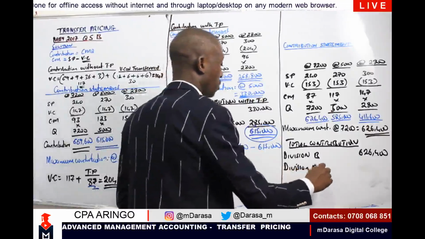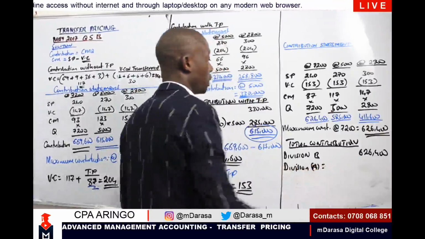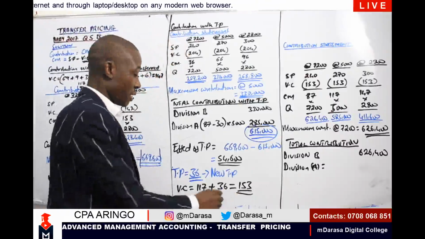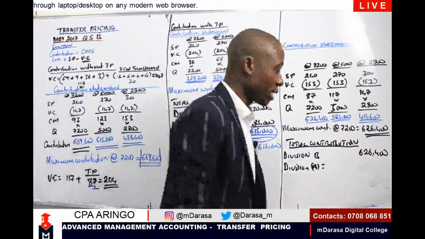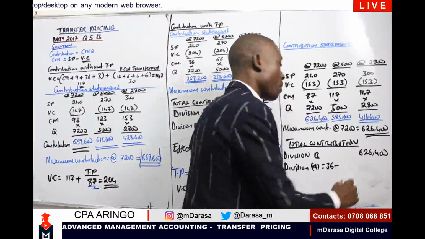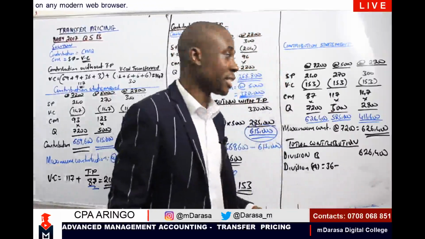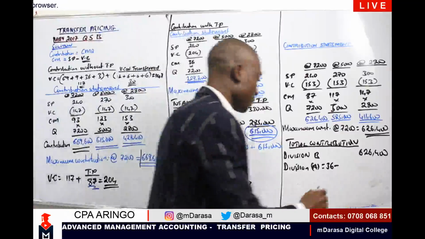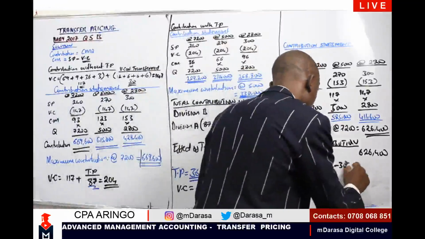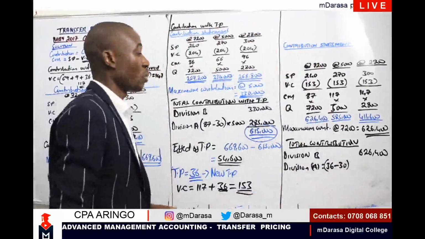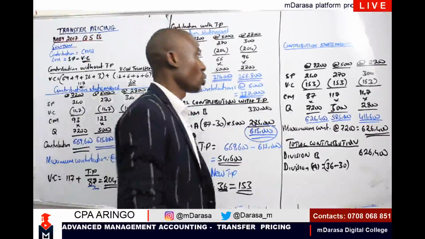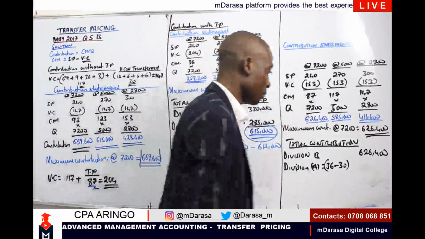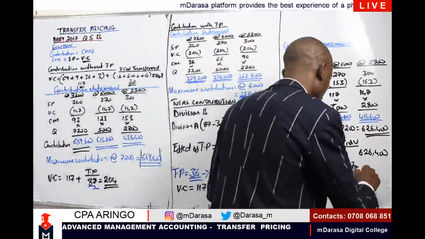The transfer price is 36. That is what you're going to charge that division. The variable costs we're incurring will not change, so I'm going to take the same 30. We consider how many units will maximize our contribution: 7,200. So I require 7,200 from our division A.